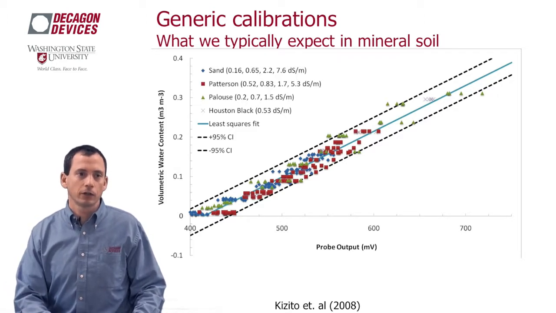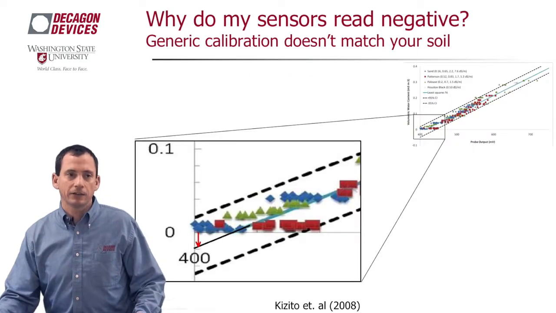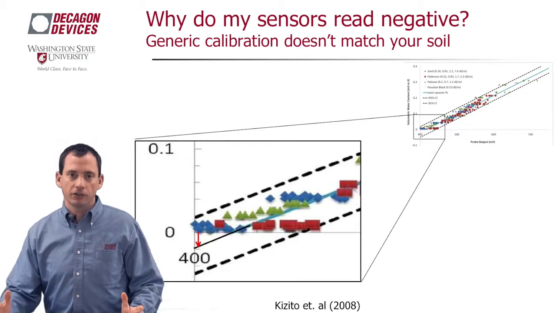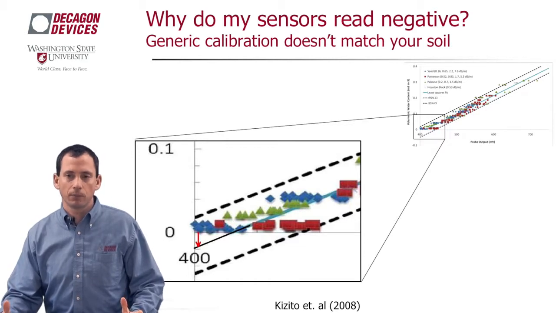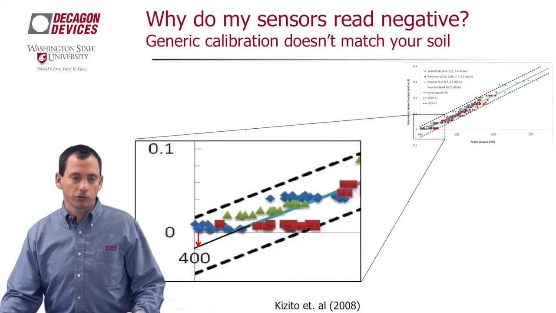But if you take a closer look at this graph, you will see that the use of this generic calibration relationship can also cause you to read a negative volumetric water content with your soil moisture sensor.